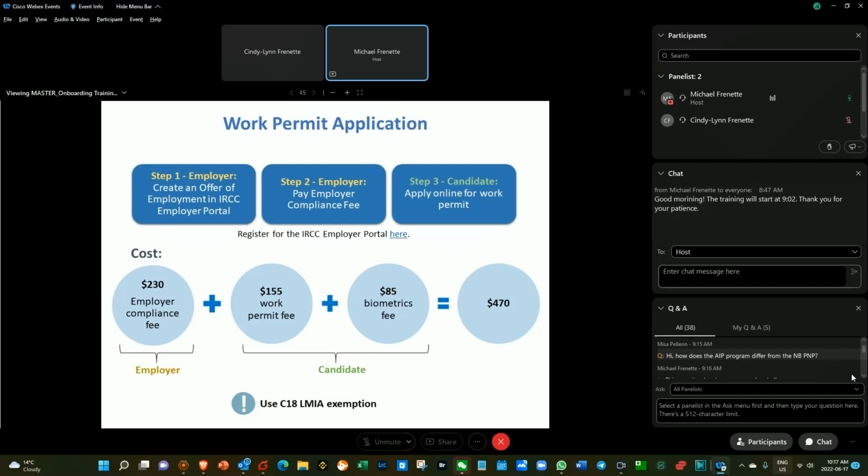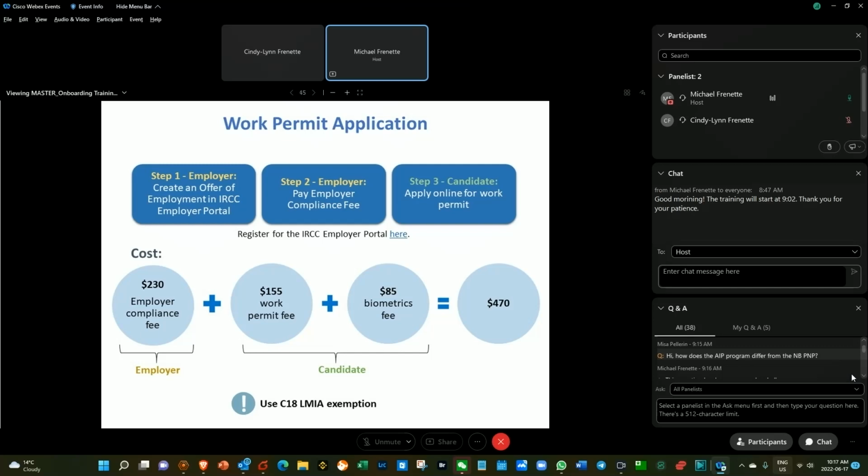So if you haven't already done so, you will need to enroll in the employer portal, and there's a guide online, with a hyperlink on this slide that will help you with the enrollment process, and there's also a user guide. Once enrolled, you will need to submit an offer of employment using the LMIA exemption code C18 Atlantic Immigration Program.